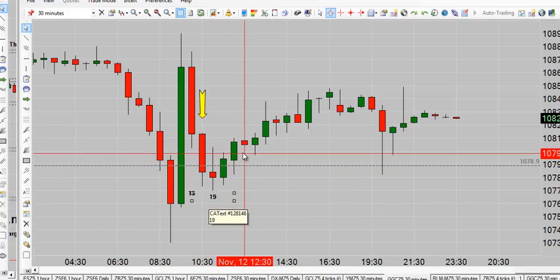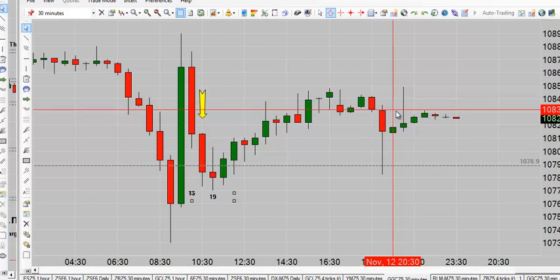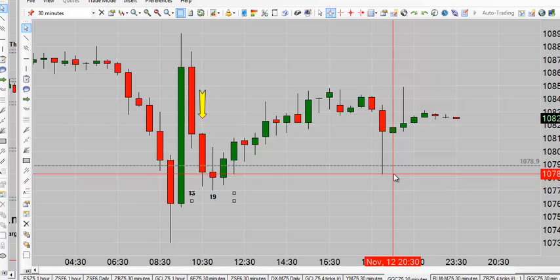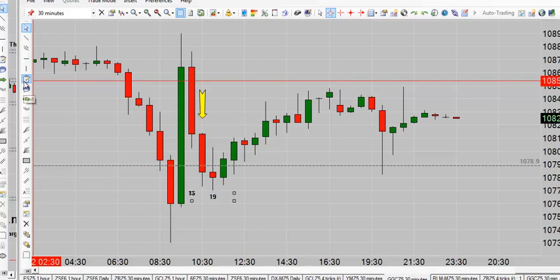Okay, and price does this, and it comes back, and it triggers one last time. It goes from 78.9 down to 78.2. So that would be 7 ticks, or $70 per contract.